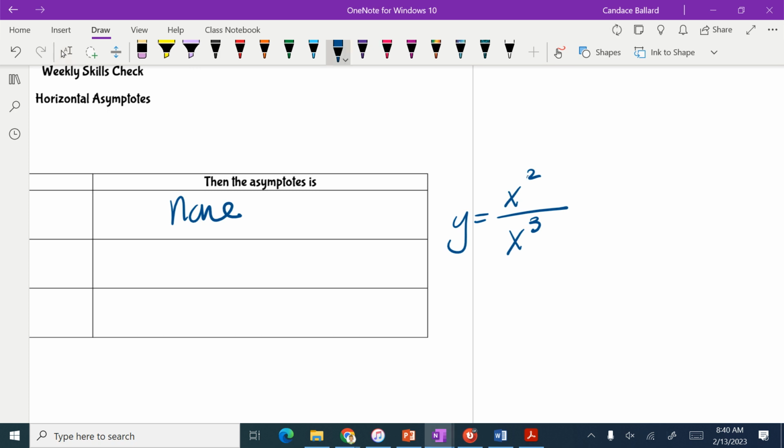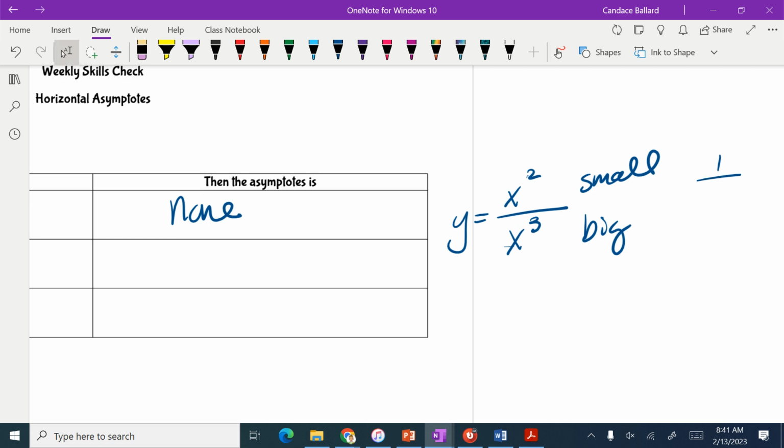If I start putting numbers in here, is the numerator going to grow faster or the denominator going to grow faster? The denominator. So this is going to be a big number and this is going to be a small number. So when I have a small number divided by a big number, what do I get?